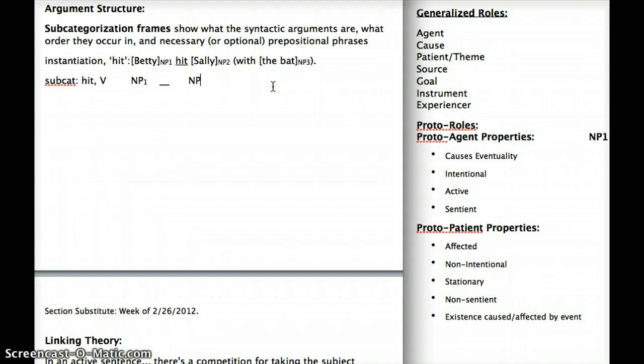There must also be a direct object of hit. And here we have an optional prepositional phrase. So we do this by showing the preposition and then an NP3.